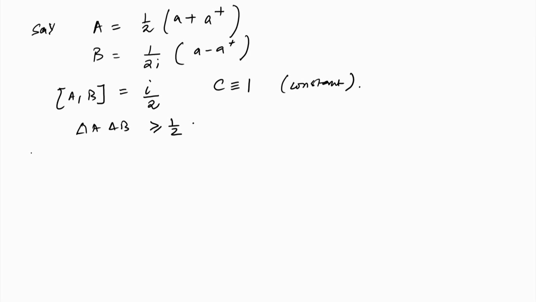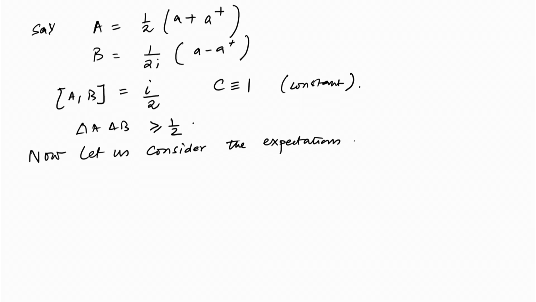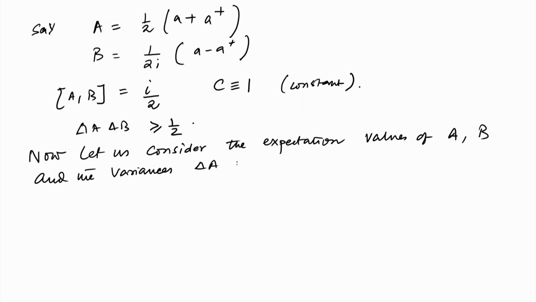Now, let us consider the expectation values of A and B and the variances delta A and delta B within the coherent states.